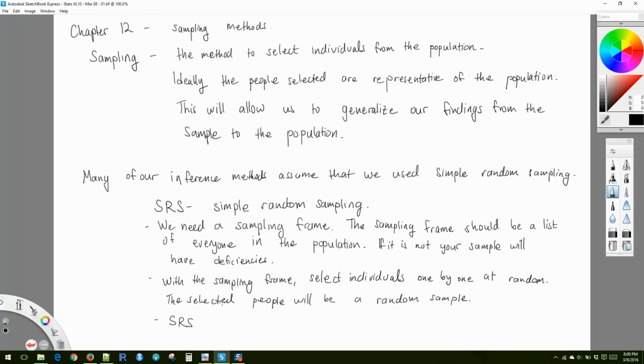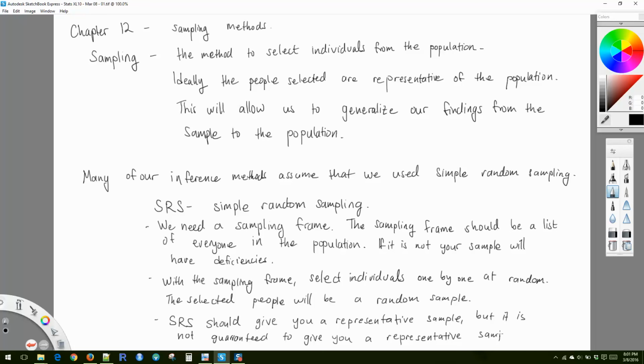SRS, simple random sampling, should give you a representative sample, but because it's random, it is not guaranteed that you will have a representative sample. Okay, so that's what we have, simple random sampling.